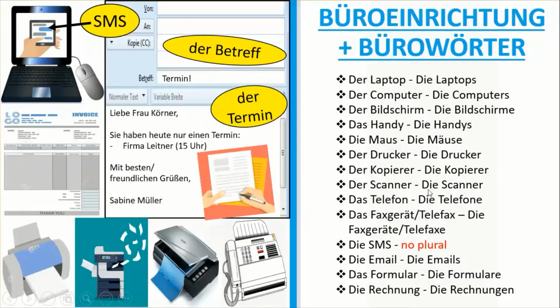Once again we have the word taken from the English and written and pronounced similarly in the German language. And the plural forms of these three words, Drucker, Kopierer, and Scanner, are written the same way as the singular forms.